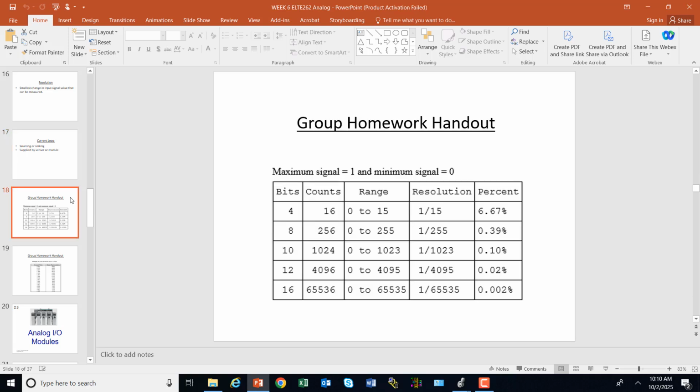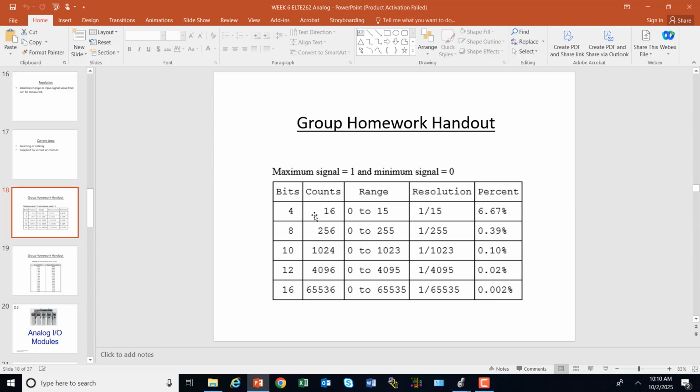So when we talked about the group homework, we were talking about how to break down a signal based on how many bits of resolution you get. The one I'm going to show you here is a 4-bit, I think. So with 4 bits, you have 0000, then 0001, then 0010, all the way up, counting binary, to 1111.